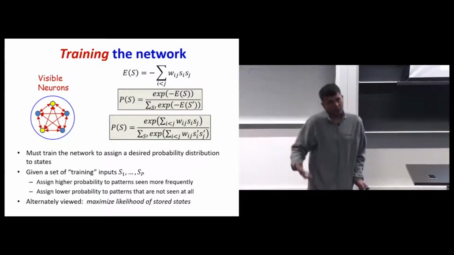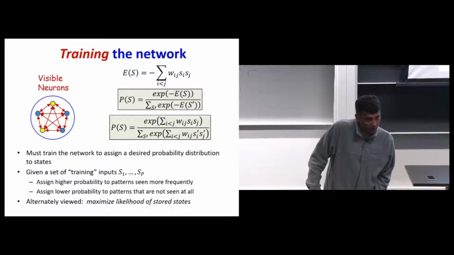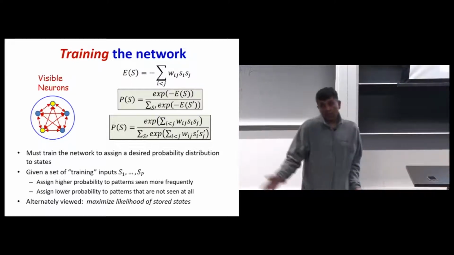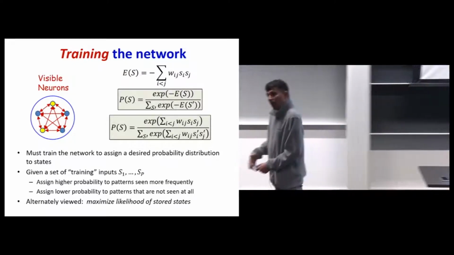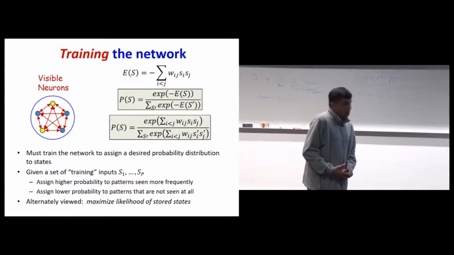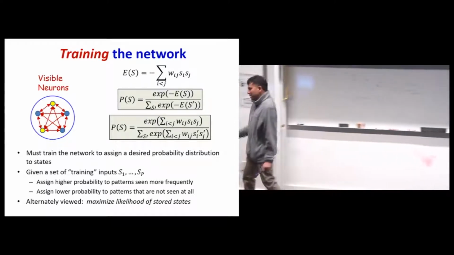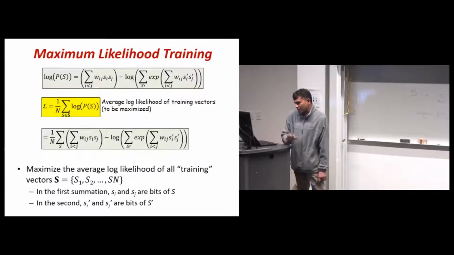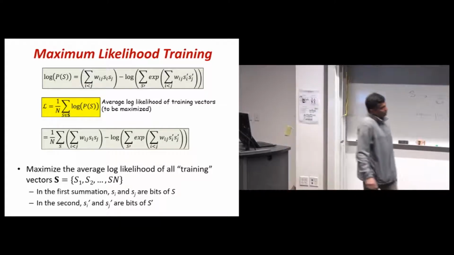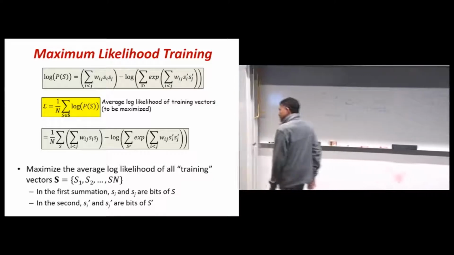So this is my way of creating a probabilistic machine that stores the kind of patterns I want, but at the same time it's also a probability distribution which naturally assigns greater probabilities to things that I have actually seen. So now you can think of the whole thing as maximizing the likelihood of stored patterns, and we can apply maximum likelihood training.